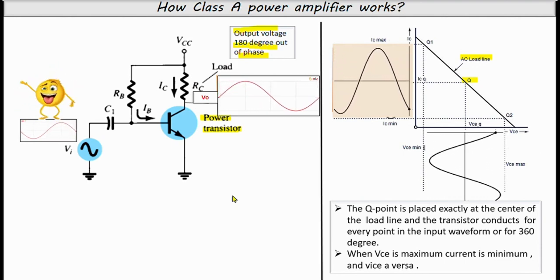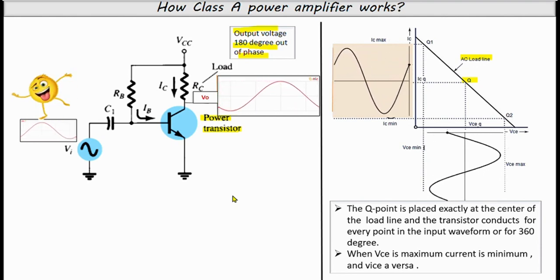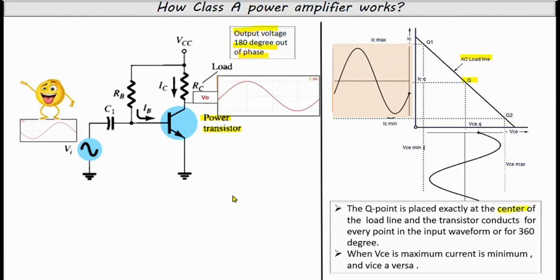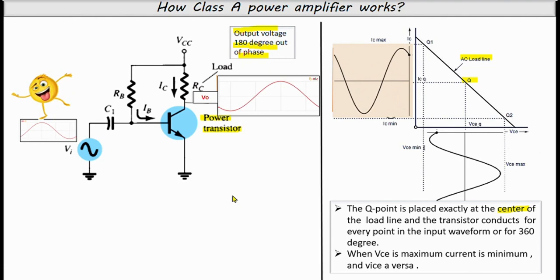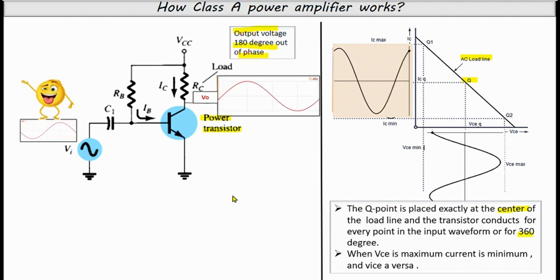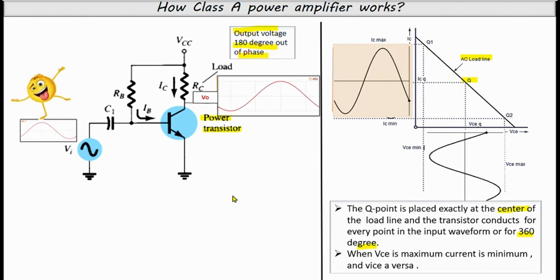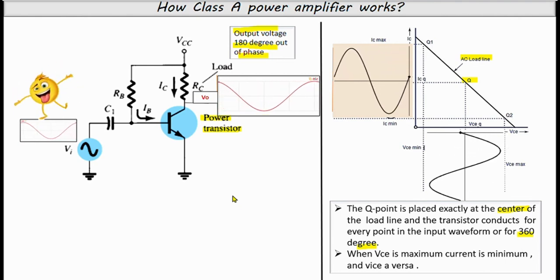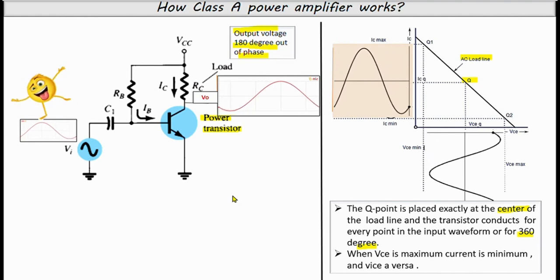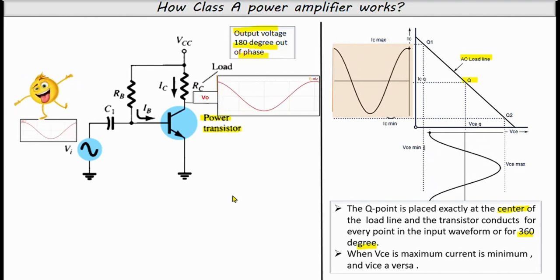The Q point is placed exactly at the center of the load line, and the transistor works for every point in the input waveform, or for all 360 degrees. From this animation you can say that if VCE is a whole sine wave, then IC is also a whole sine wave.